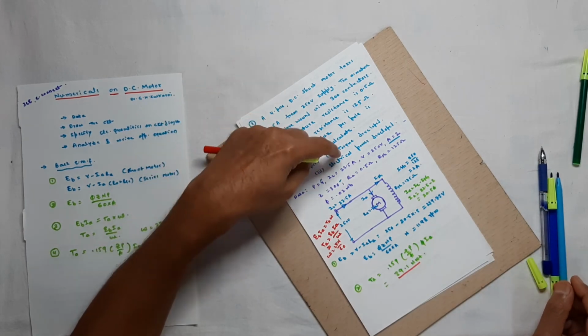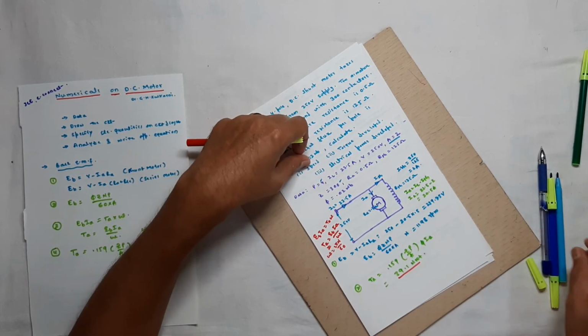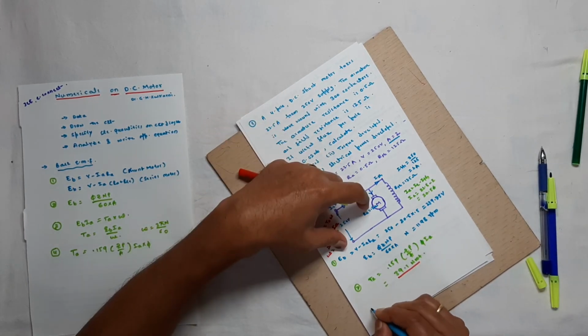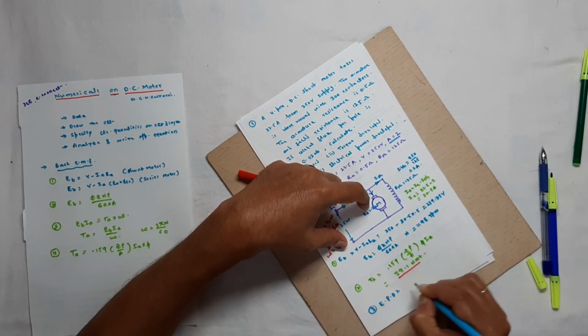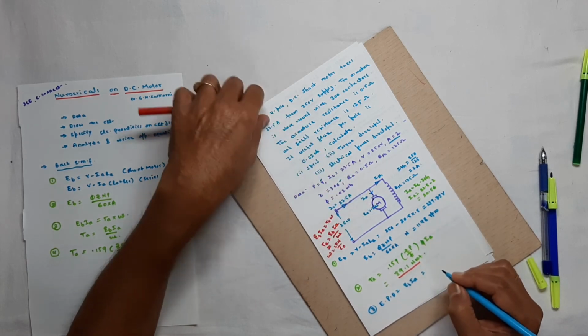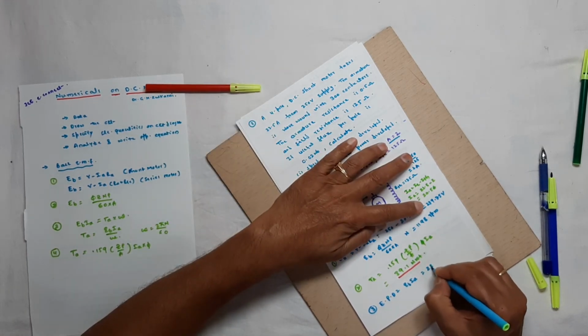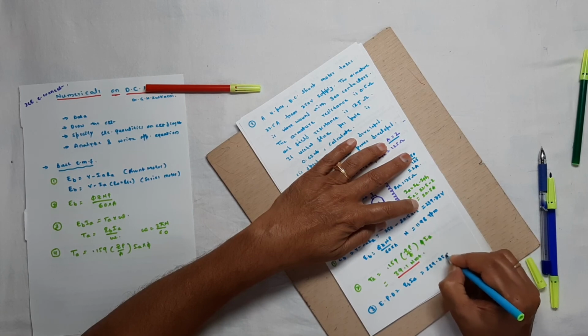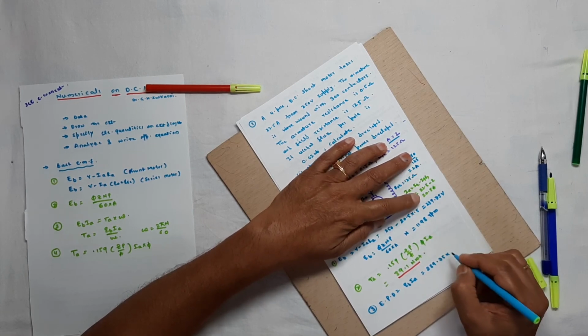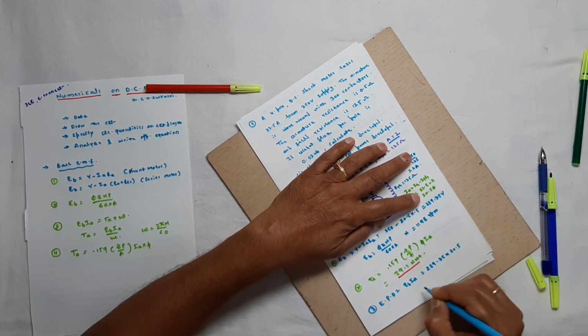Then what is asked? Electrical power developed. The electrical power developed is nothing but EB into IA. EB you have already calculated, that is 239.75, multiplied by IA, which is 20.5.